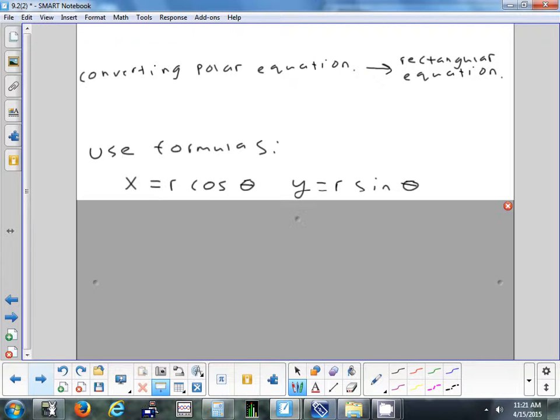Okay, so we have a few formulas we can use to do that. You've seen all these formulas earlier in the week. X equals r cosine theta. Y equals r sine theta. We talked about these when we did parametric equations, writing the equation of a circle parametrically.